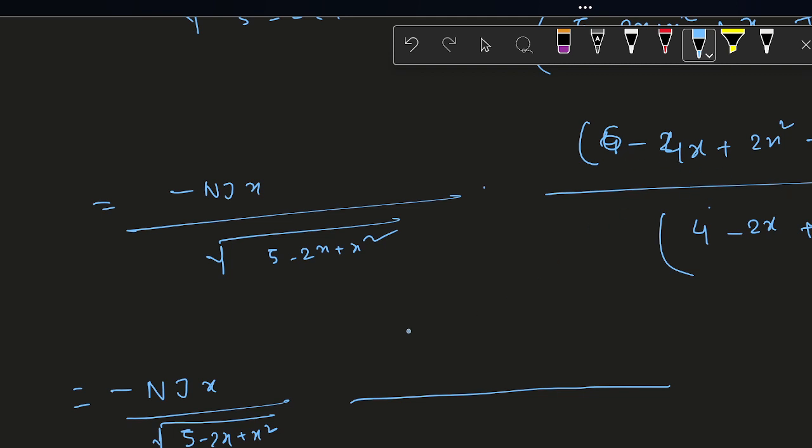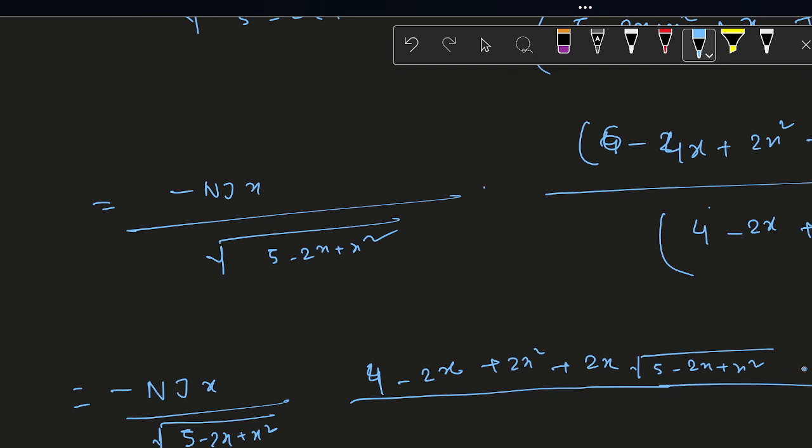Now for the rest of the terms, how we can try to simplify is that, let's say this numerator term, we write it down as 4 minus 2x plus 2x squared plus 2x root over 5 minus 2x plus x squared.